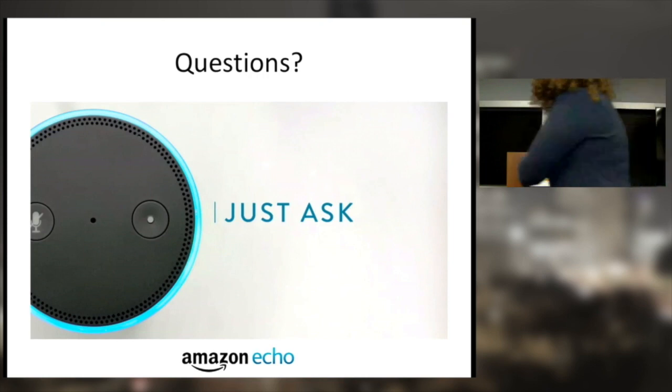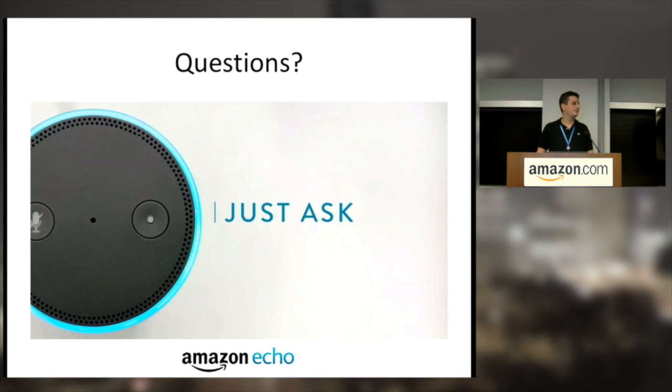Yes, you mentioned for the skills kit, there are 25,000 skills currently. And if I want to add a skill to Alexa, how would it get selected over one of the other 25,000? So I think that today, one way is that there is an activation word for a skill.